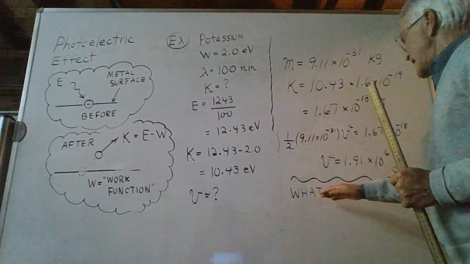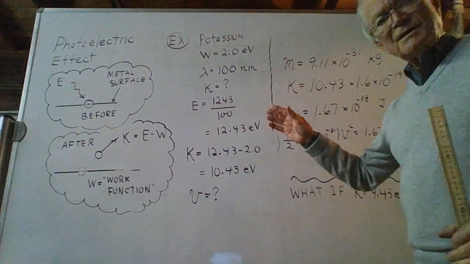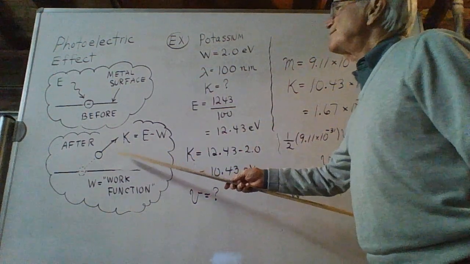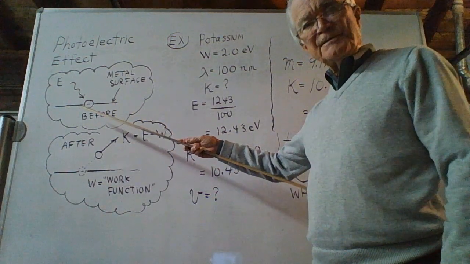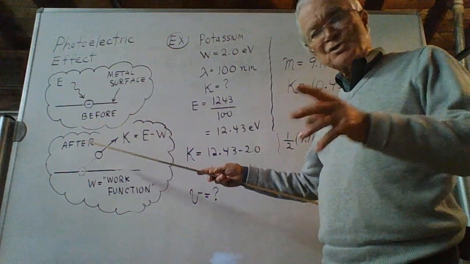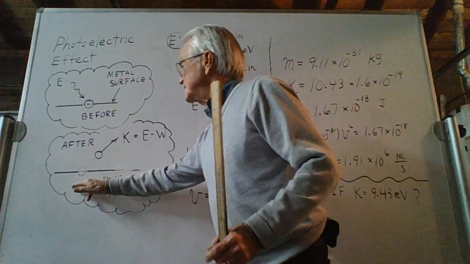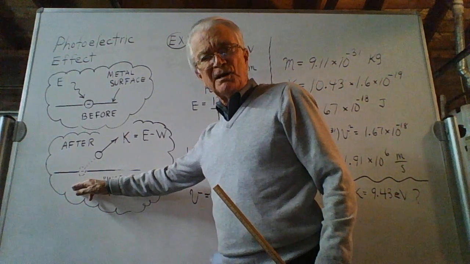Well, what will have happened is that the electron whose kinetic energy we measure flying out here, in fact, did not start out at the surface. The electron that absorbed that photon of energy was actually at some location deeper within the metal.